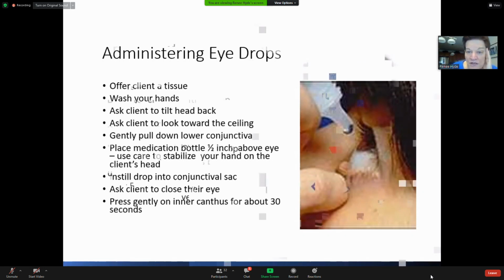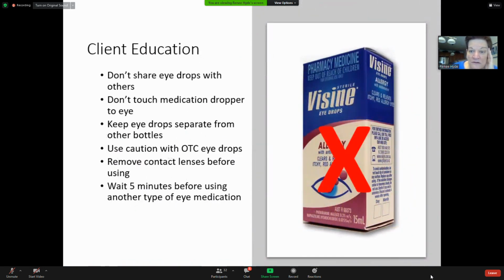Other information that you want to give clients is don't share eye drops with others. Definitely don't touch the dropper to your eye. And keep eye drops separate from other bottles.